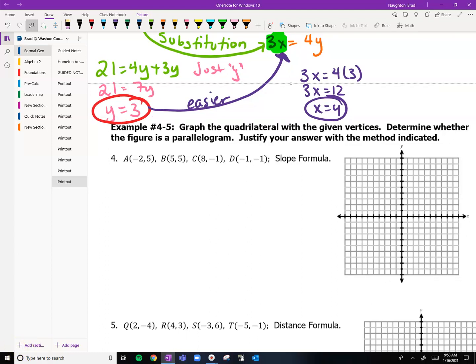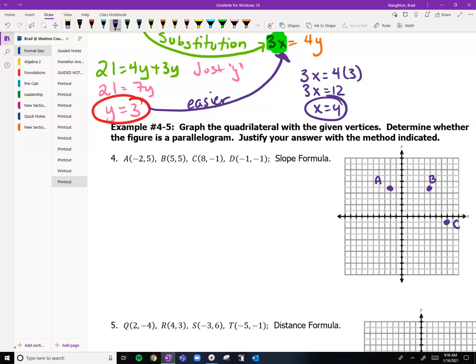All right, so first we're going to go ahead and plot these points. So we have A, which is negative 2, 5, 1, 2, 3, 4, 5. So that's A. And then B is 5, 5. Cool. So there's B. And then C is going to be 8, negative 1.